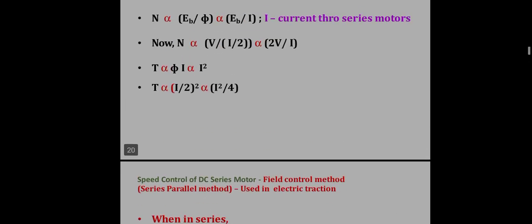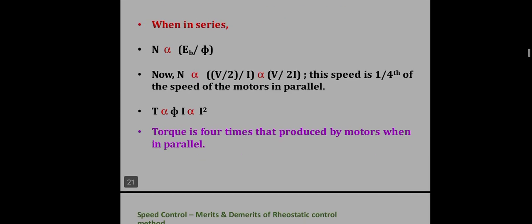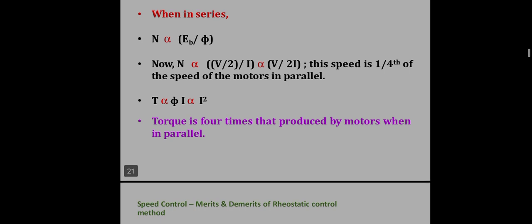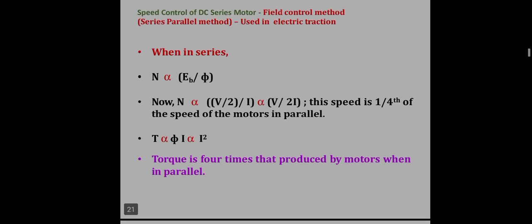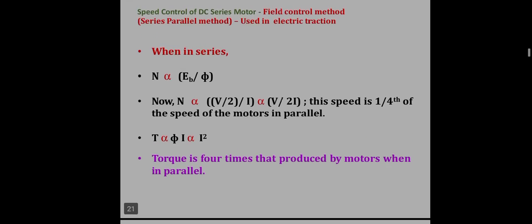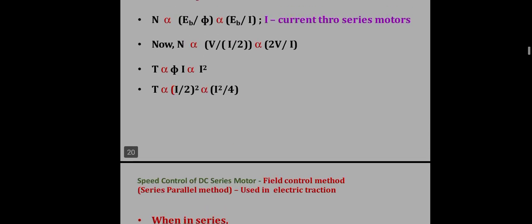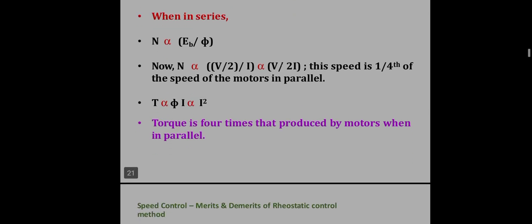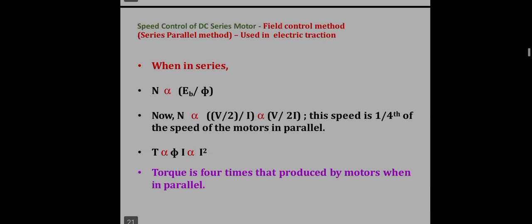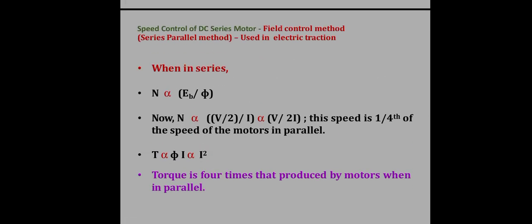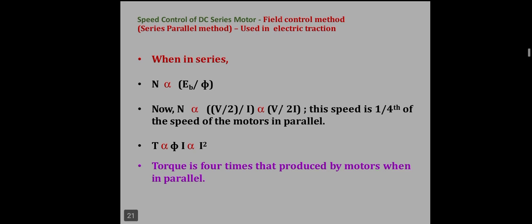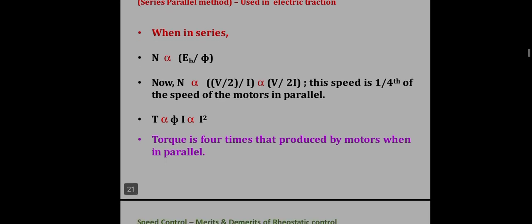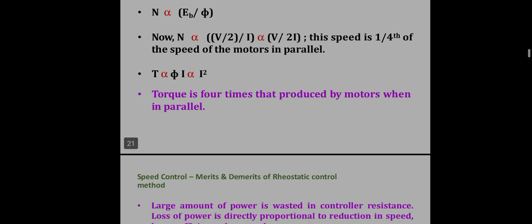So when in parallel, the torque is proportional to I square by 4. When in series, it is proportional to I square. So in a series connection, the torque is 4 times that produced by the motors when in parallel.